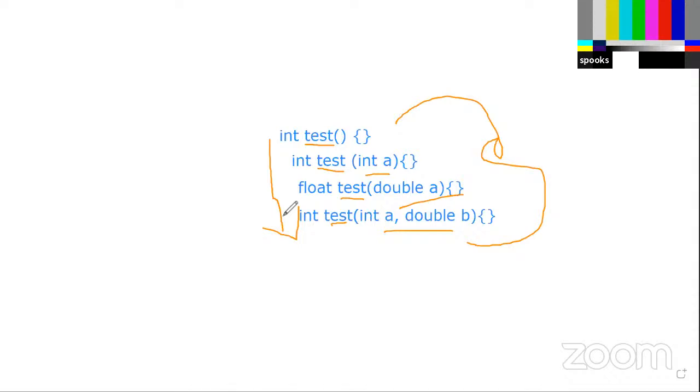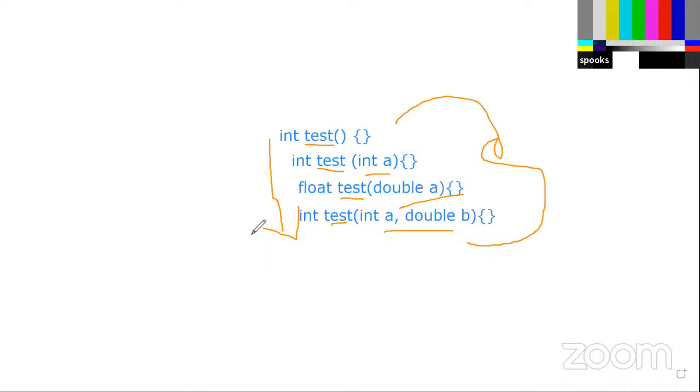So that's what I wanted to just clear to you guys. Let me repeat that. All overloaded functions may or may not have different return types, but they must have different arguments.